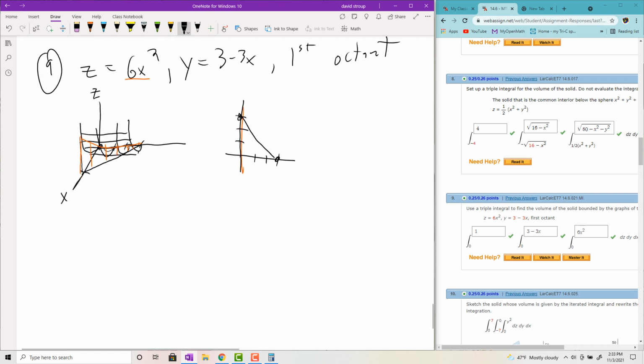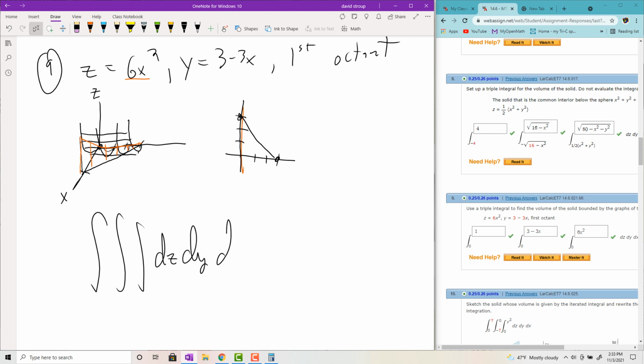So our integral is going to become, doing a triple integral now, and I want dz first, then dy dx. So z is going from 0 to 6x squared, and then y is going from 0 to 3 minus 3x, and then x is going from 0 to 3.